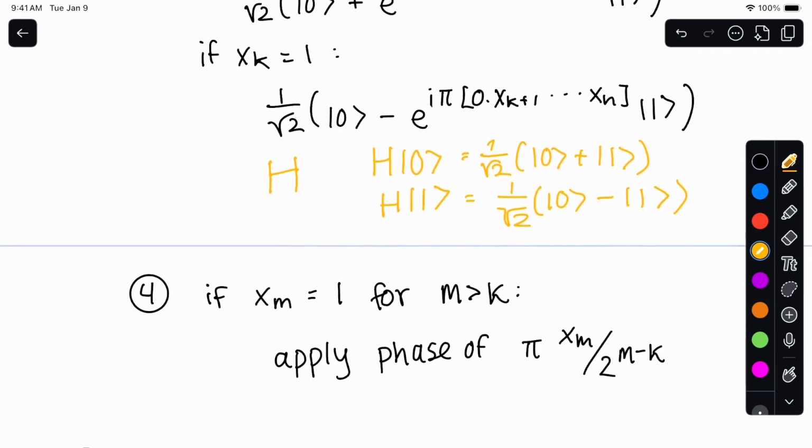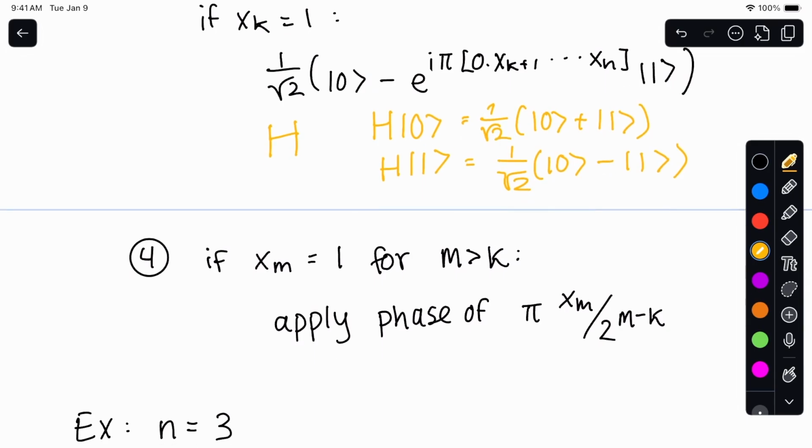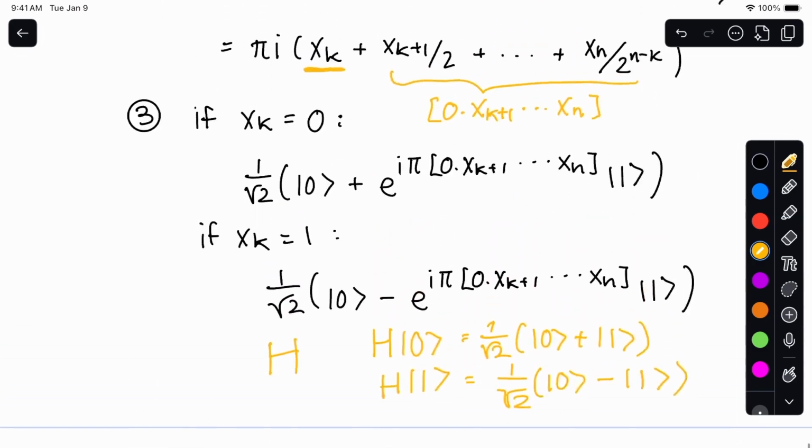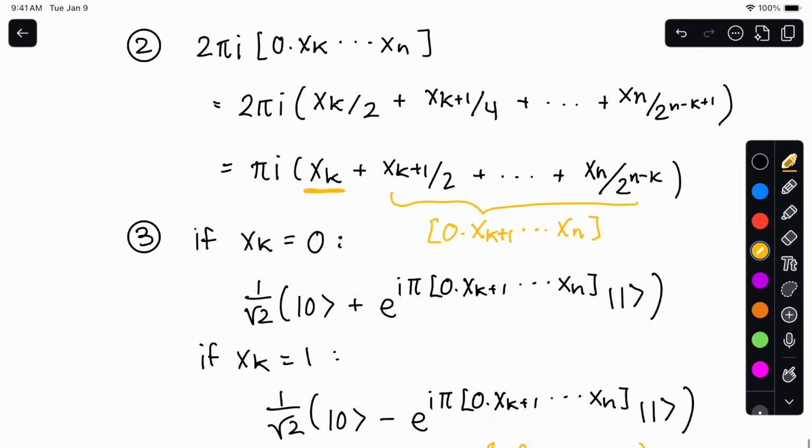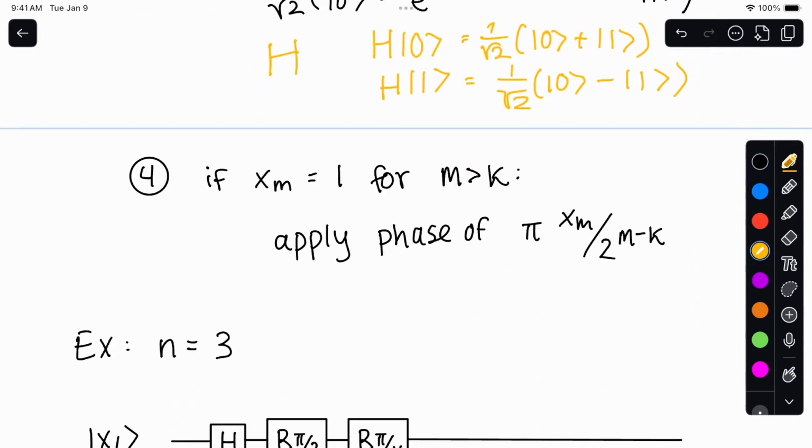The last thing I want to point out is that for every index m greater than k, if that bit is non-zero, then we want to apply a phase of pi times xm over 2 to the m minus k. I'll make this easier: we apply it if xm is 1. So this is just a controlled phase gate.